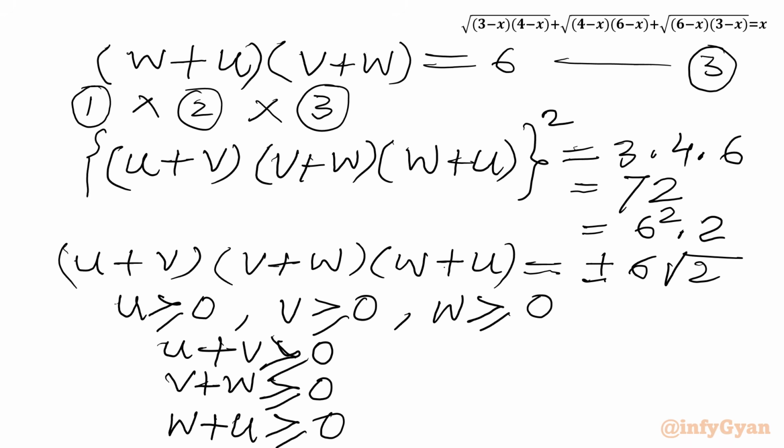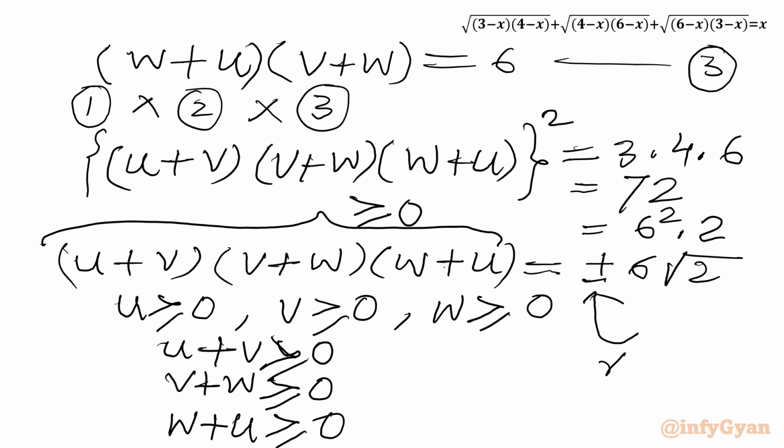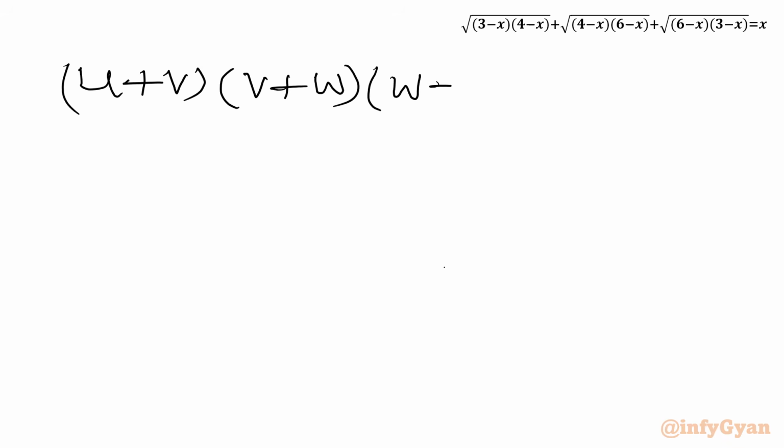So from here, this product must be greater than or equal to 0. So we are going to reject the minus sign, it cannot be negative. So we will write u plus v times v plus w times w plus u would be equal to 6 square root 2.